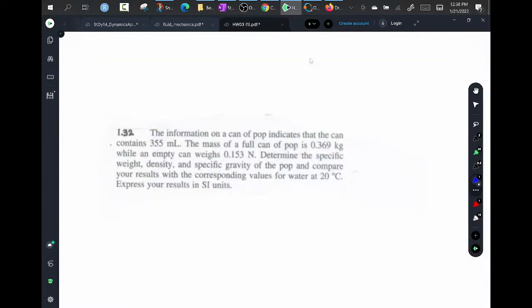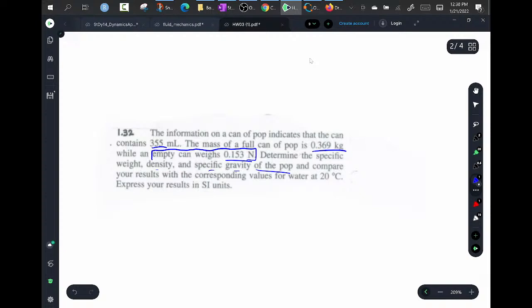Okay, a can of pop indicates that the can contains that. The mass of the whole thing is that, and the empty can weighs that. Determine the specific weight, density, and so on of the pop, and compare your results to, I'm assuming, see now this part, I really don't know. Is he wanting us to include the empty can? But he says the can of pop. Ah, okay. The mass of the full can of pop is that.